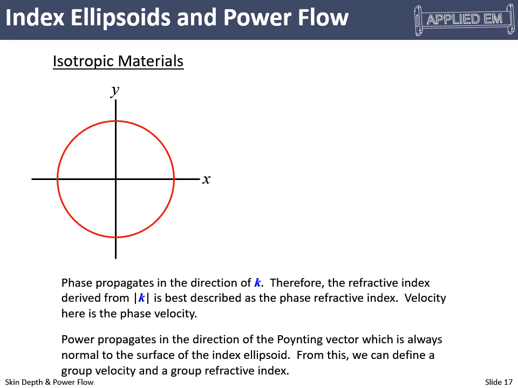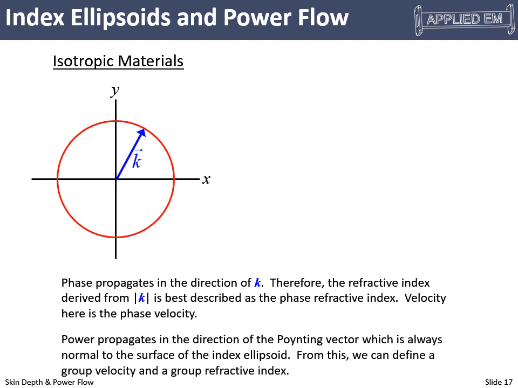Now, if we pick a point on the surface, the vector connecting the origin to that point is our wave vector. This describes the movement of phase. So you can imagine the wave fronts being perpendicular to this arrow trucking along this way. So if you throw a rock in water and you watch these ripples, if you were to trace your finger with one of the ripples or follow the ripple with your finger, you're following the phase of that wave.